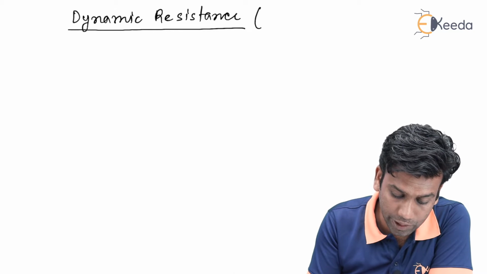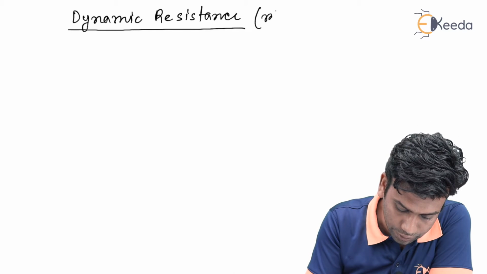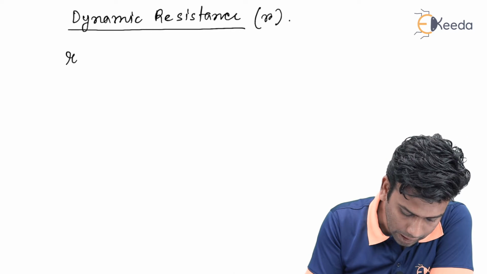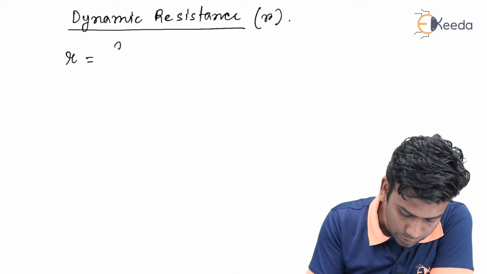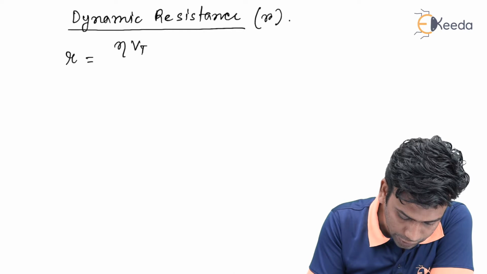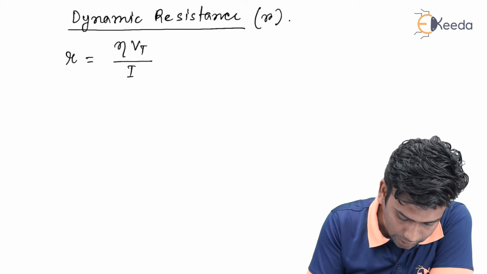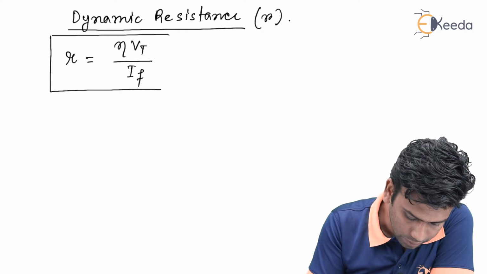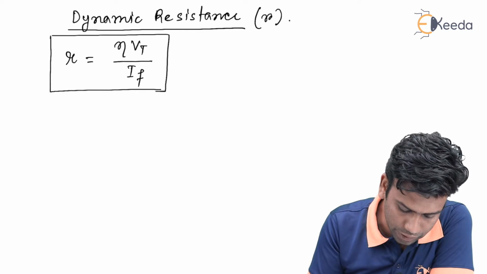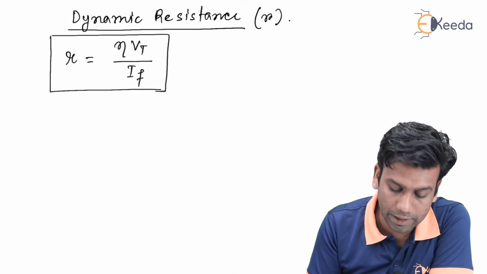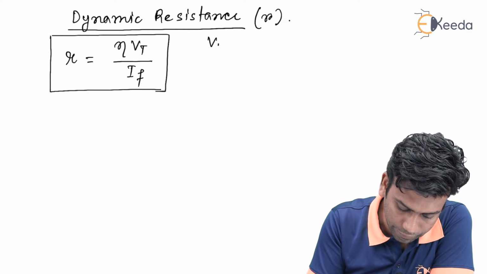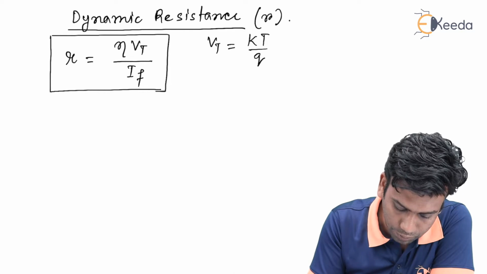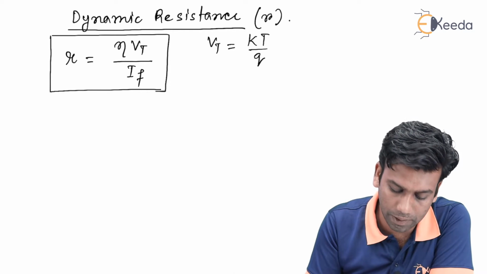Now, let us look at the dynamic resistance of the diode, denoted by small r. This small r equals eta Vt divided by If. We know that Vt equals KT by Q, where Vt is the thermal voltage.